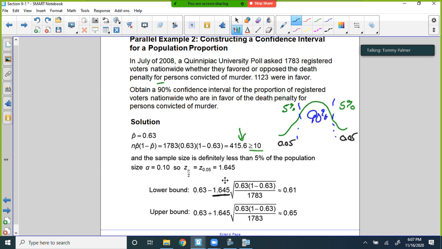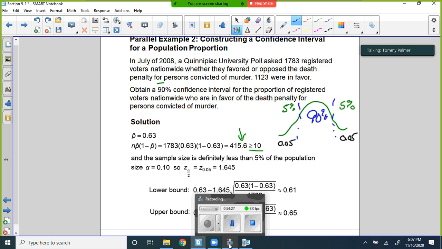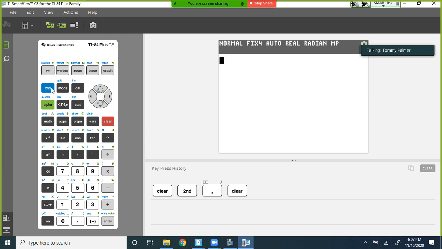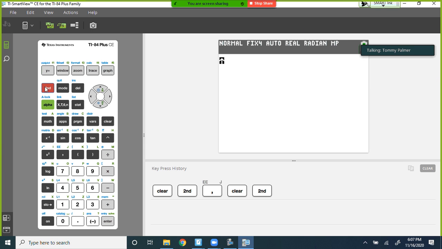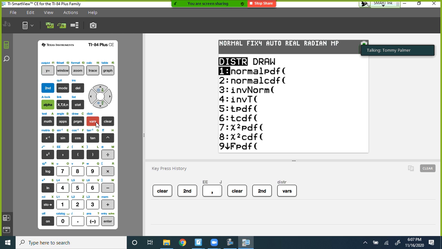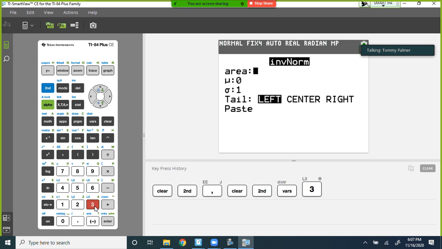But I don't want to take the time to go look at a table. Let me do it real quick. I can do second vars. Well, I got to clear ink. All right. I can do second vars, and I can go down here to number 3.